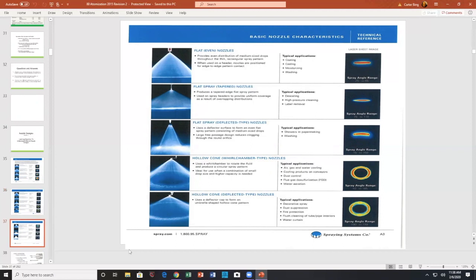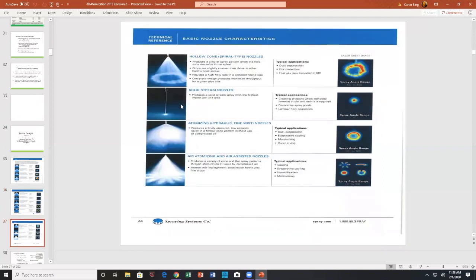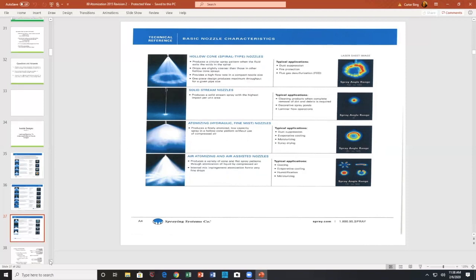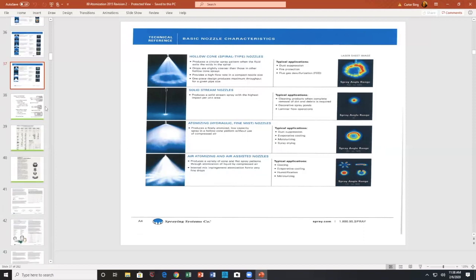And then we have, again, specialty type nozzles. For example, this one right down in here gives you a fairly unique pattern. You can have a mister, where there really is not much hitting the surface. And then you have high penetration. And then again, you have different patterns laid down. You can go through the various designs on those.